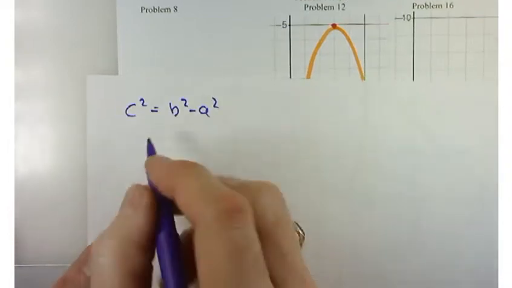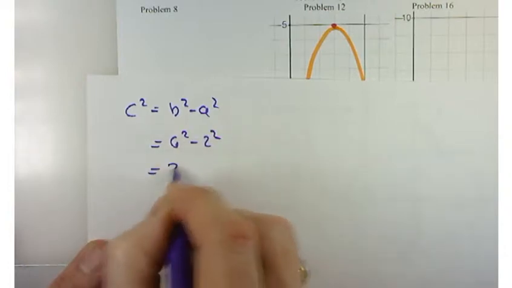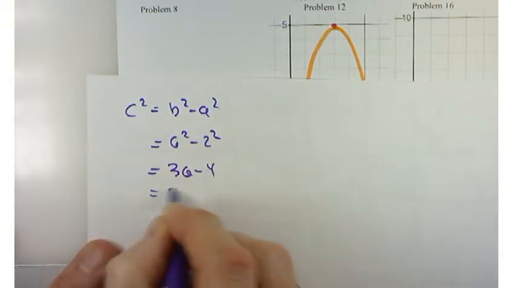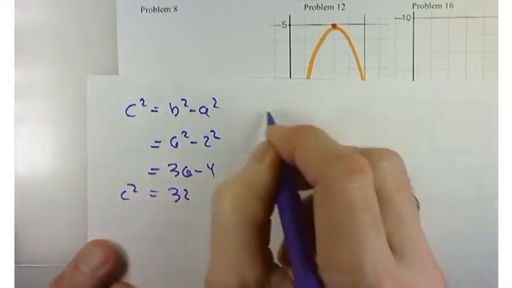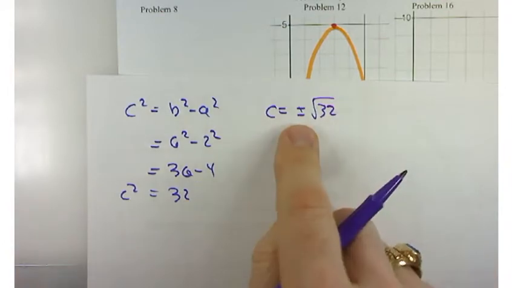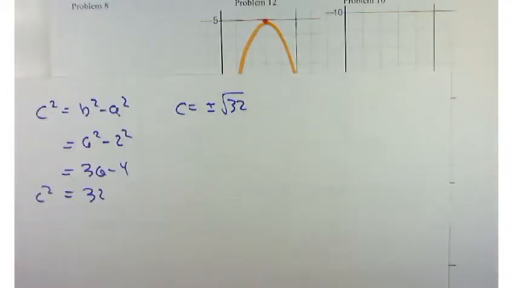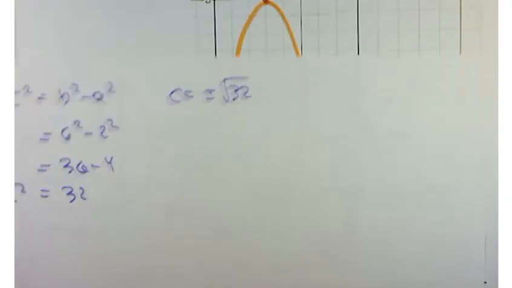In this case, it's going to be 6 squared minus 2 squared, or 36 minus 4 is 32. So c is plus or minus the square root of 32. Really, it's only the positive root. C is not negative. You're just going to move positive and negative from the center.